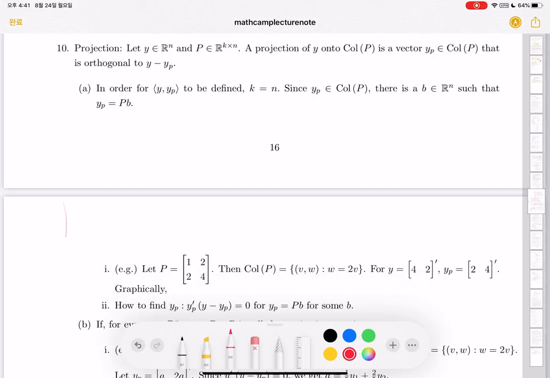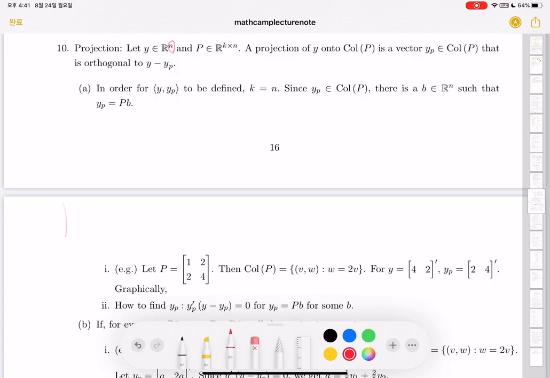I think it's better for you to approach the idea of projection graphically or geometrically. Consider three dimensions. Suppose your n is 3, so y is in R3.